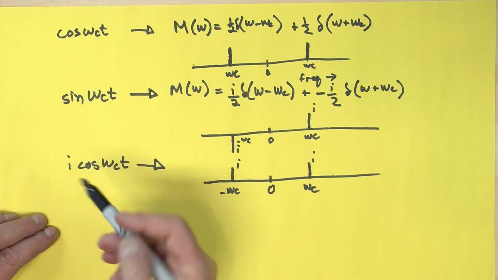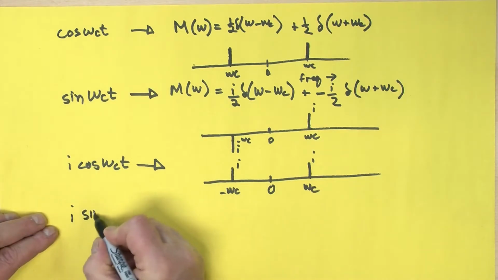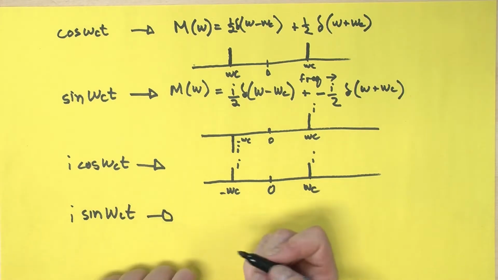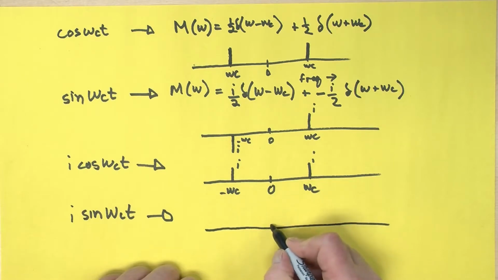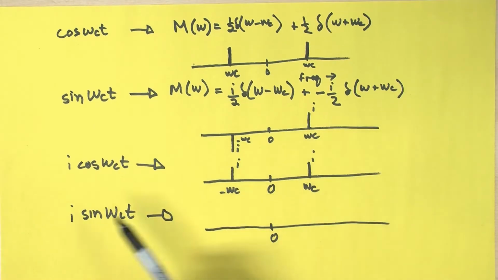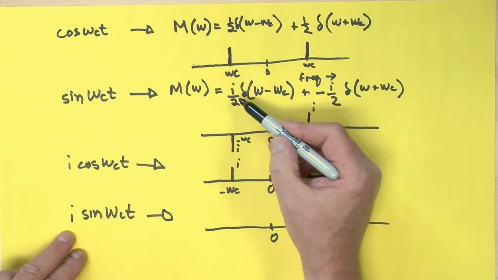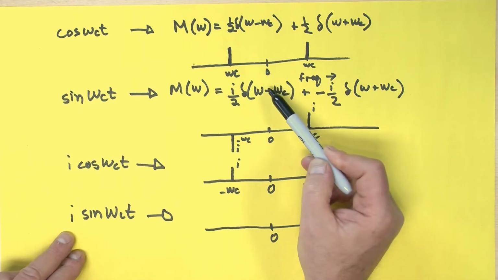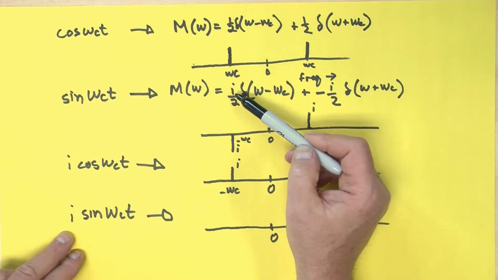And finally, we can sort of do the same thing over here just to complete the table. I sine omega c t maps over to, and I'm just going to again draw the graph, because all we need to do is take our sine result over here and multiply it by I, because this is just that multiplied by I. Well, what we end up with is that at omega c, in other words, the positive frequency, we're going to multiply all of this by I. Well, I times I is minus 1.